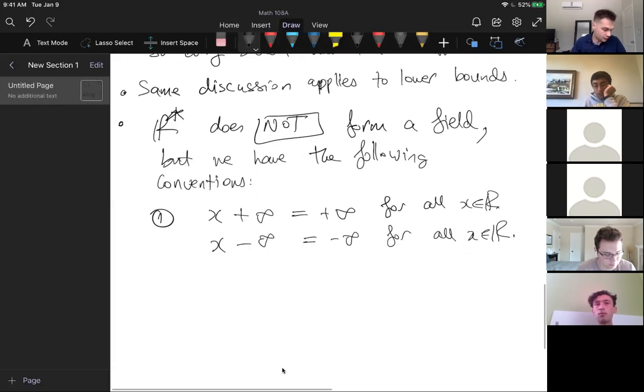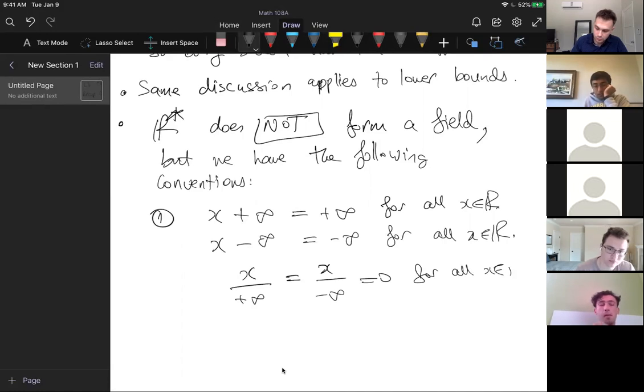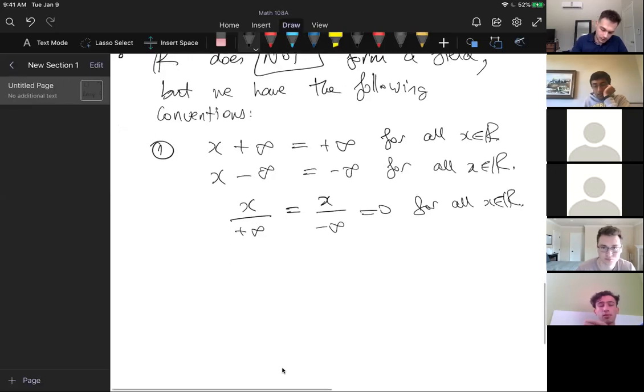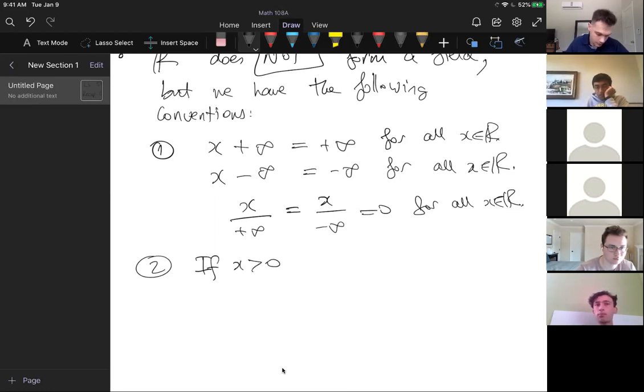Another property is that if you take any real number and you divide by infinity, or if you divide by minus infinity, you're going to get 0. And then we have the following properties as well, which governs the interaction of infinity with the order. So what do I mean by that? I mean, if x is greater than 0, then x times positive infinity is going to be positive infinity.